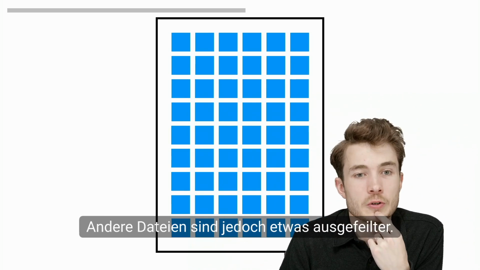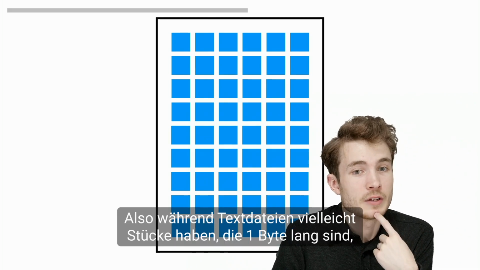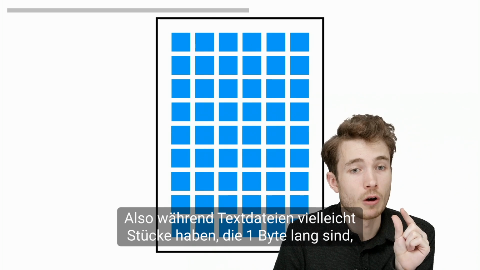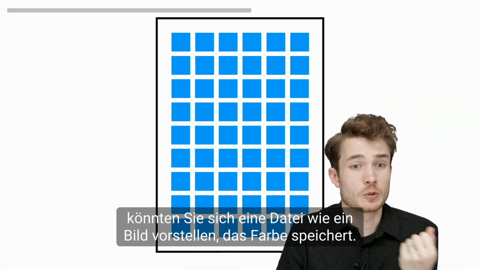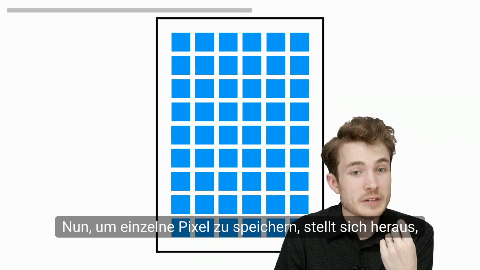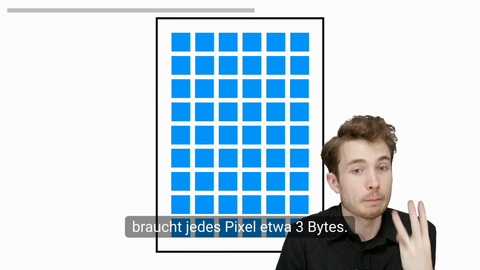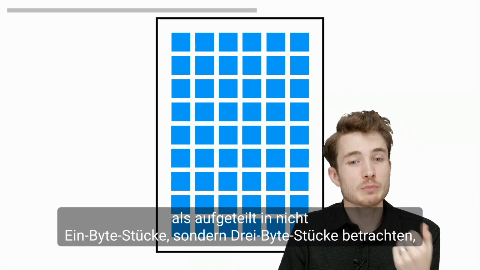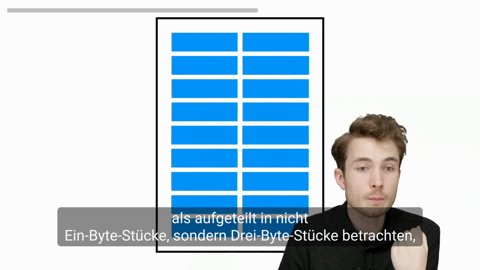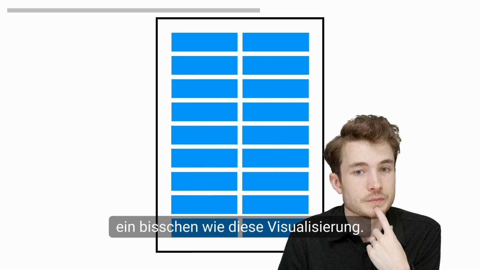Other files, though, are a little fancier. So while text files might have chunks that are 1 byte long, you could imagine a file like an image that stores color. Well, to store individual pixels, it turns out each pixel needs about 3 bytes. And so we could probably best think of an image file as being broken up into not 1 byte chunks, but 3 byte chunks, a bit like this visually.